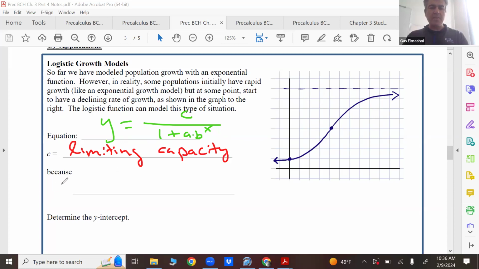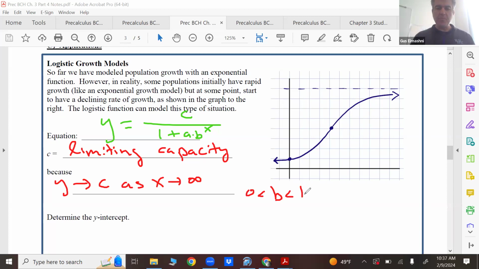And that's because Y approaches C as X approaches infinity. And B, just so you know, B will be between 0 and 1.